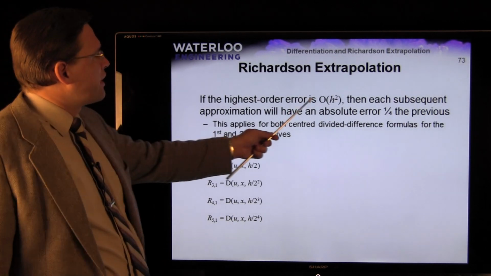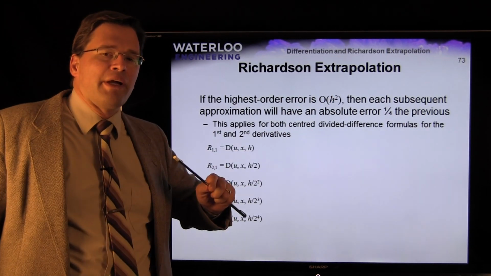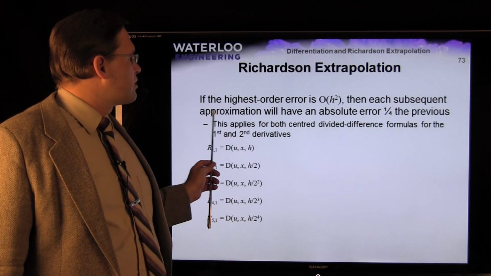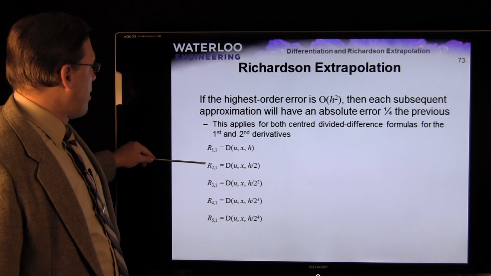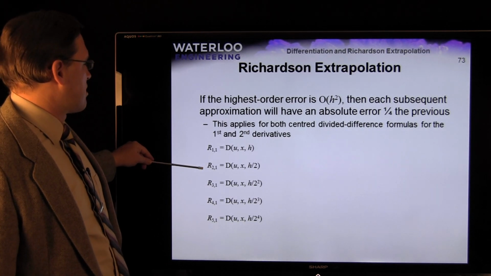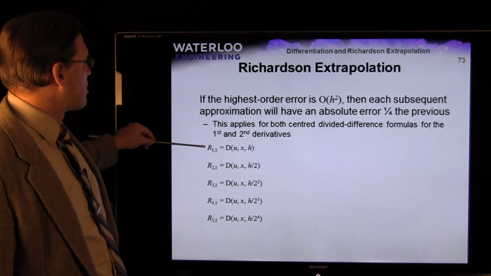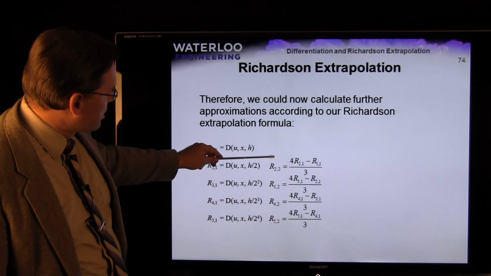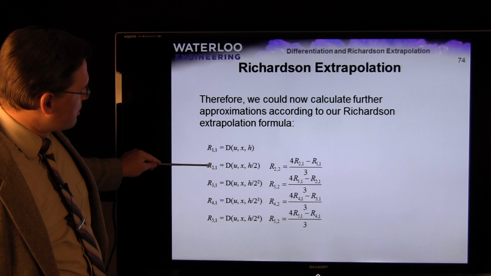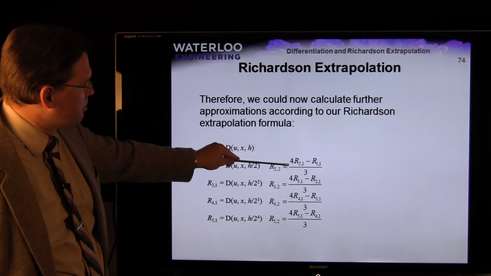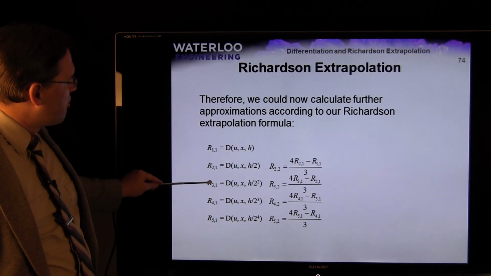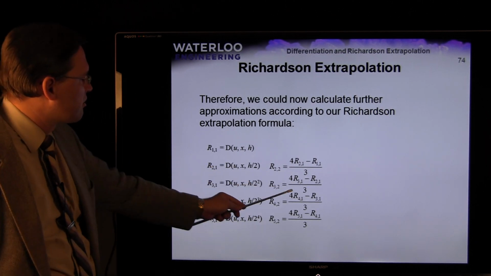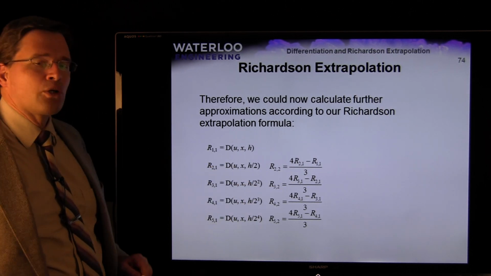If the highest order error is h squared, then we can reduce the error by taking 4 times the better approximation, subtracting off the worse approximation, and dividing the result by 3. This works in each of these cases. 4 times the better approximation, subtract off the worse approximation, divide by 3, and so on and so forth.